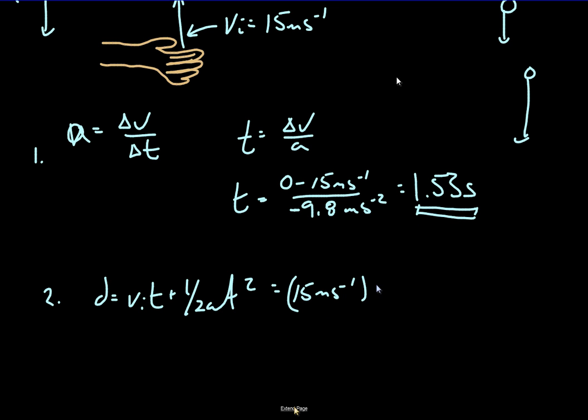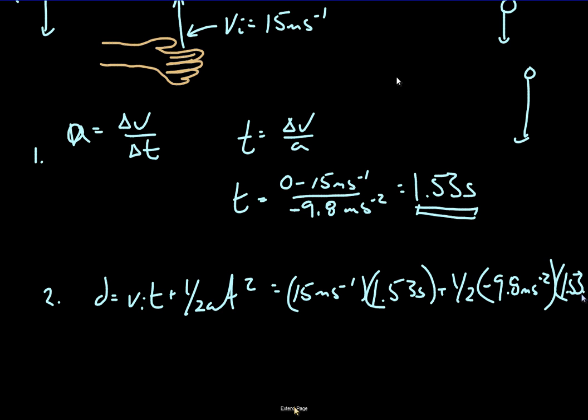We've got our time, 1.53 seconds, plus 1/2 times negative 9.8 meters per second squared times 1.53 seconds squared. Okay, so this will tell us the total height upwards that this object travels. So my math gives me roughly 11.5 meters.